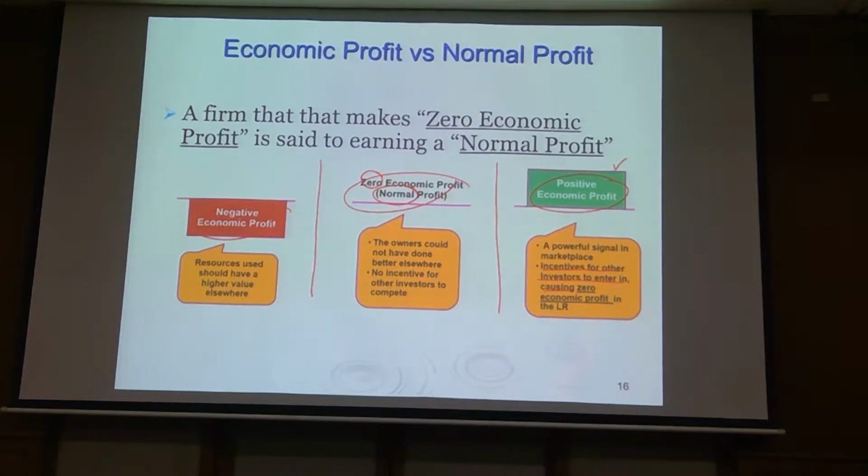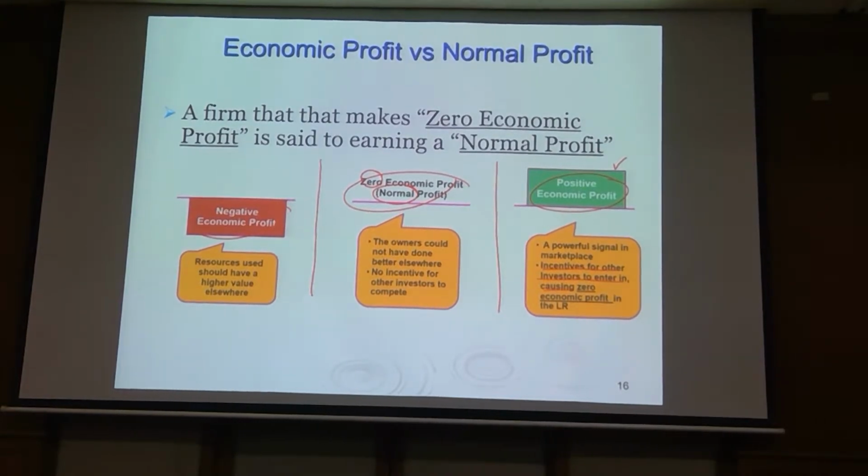If you cannot prevent others from competing with you, because positive economic profit is a situation that is going to attract competitors at the end. So if the market is easy to compete in, you're going to see more competitors coming in to compete with you. Your profit might drop down to zero economic profit. Okay, but of course you're going to be more than happy under this kind of situation. Okay, so that's the profit that we talk about.